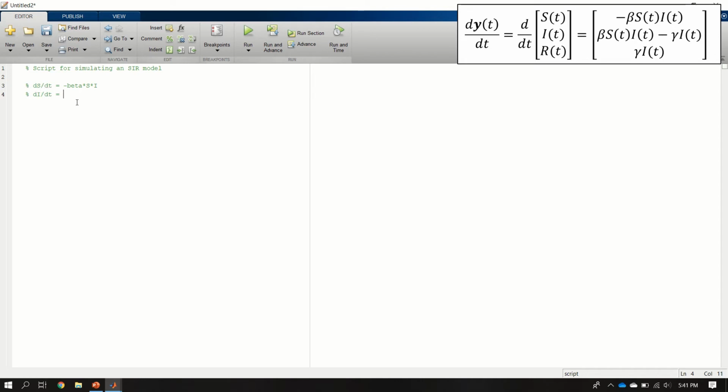This amount of infected people gets added to the infection class. And from the infection class, we have a number of people that will recover, governed by this parameter gamma. And then finally, we have the amount of recovered people, and the evolution of that is governed by gamma times I.